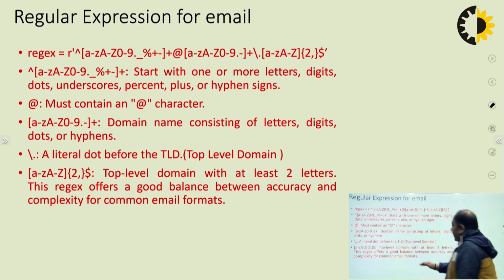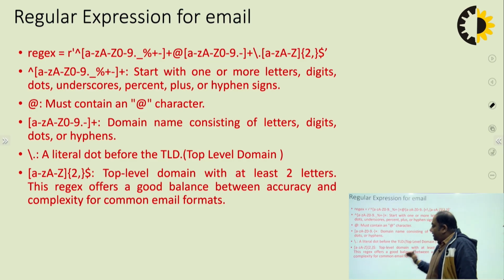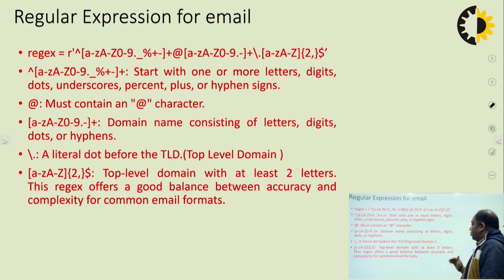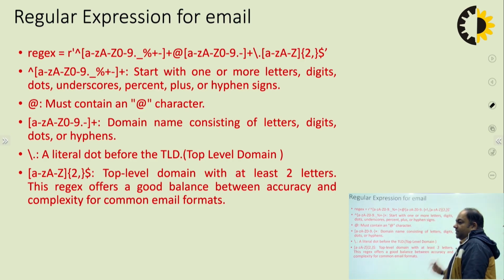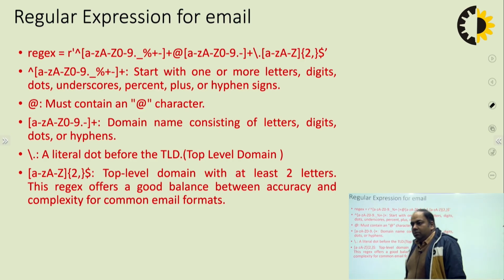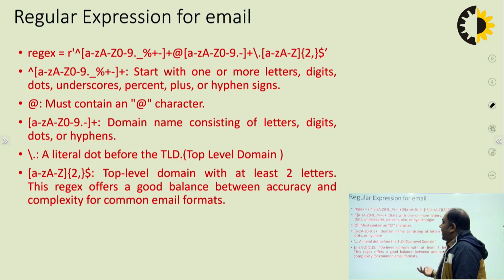So with this, we define the top level domain with at least 2 letters, and at the end, this regular expression offers a good balance between accuracy and complexity for common email formats. So for defining any email, you can use this line and then apply your logic. You can apply it anywhere you want.